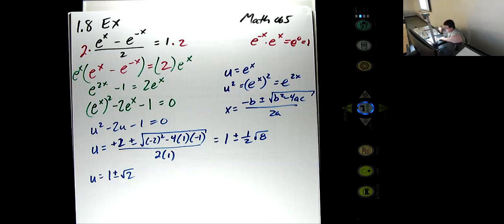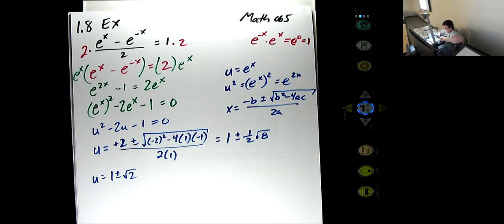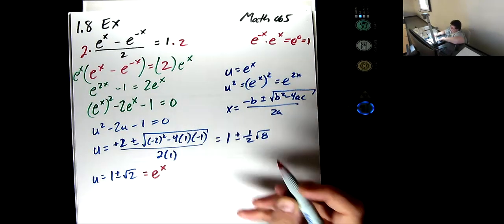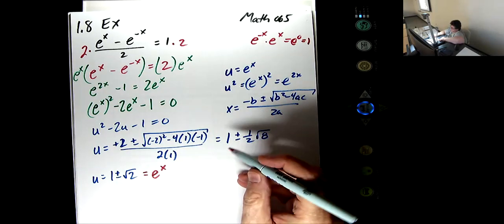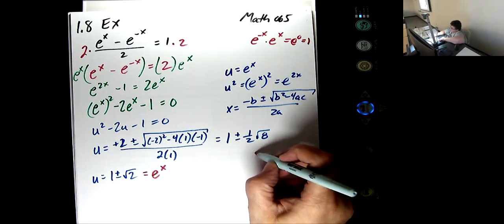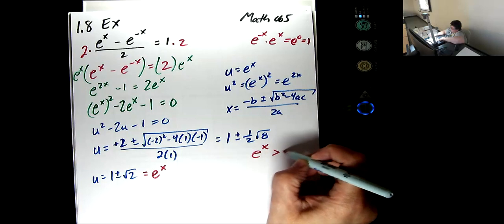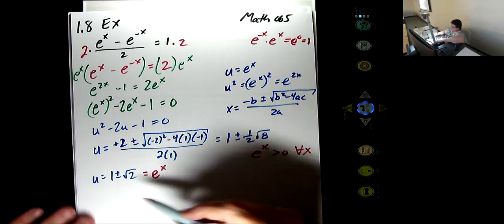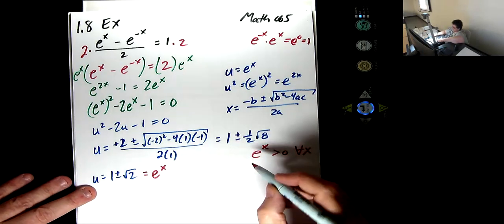So we didn't start with u, so we're not going to end with u. This actually has to equal e to the x. We're going to plug u back in. So u is e to the x. Remember, the graph for e to the x is greater than 0 for all x. So we've got to see if any of these work.